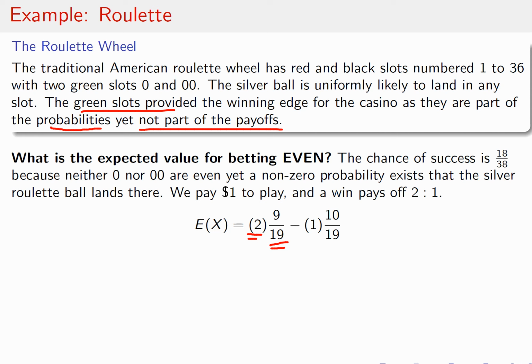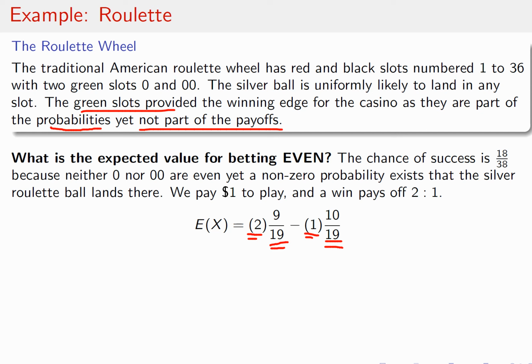The rest of the time, 10/19 of the time, it doesn't come up even. And just because it didn't come up even doesn't mean it came up odd. It means it came up odd, or it came up 0, or it came up 00. So there are 2 extra outcomes in here that lower the probabilities for a success, but the payoff pays off as though there were only 36 slots. And it pays off as 2 to 1.